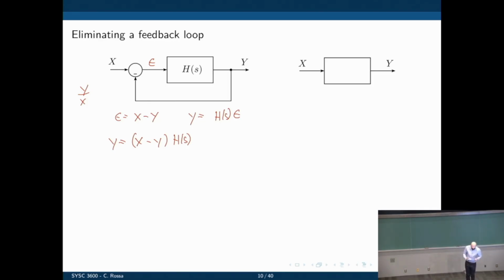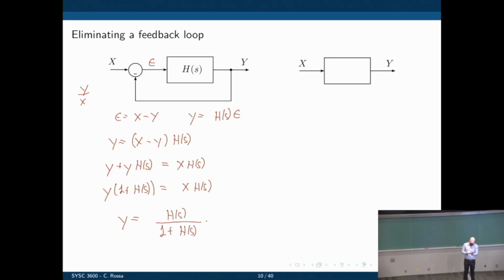Okay. So now if we are solving for y over x, we can group y's on the left side. Multiply it out: we have y plus y times h of s equals x times h of s. We can now factor out y: y times 1 plus h of s equals x times h of s. And you can solve for y, the output of the system, as h of s divided by 1 plus h of s, times x.